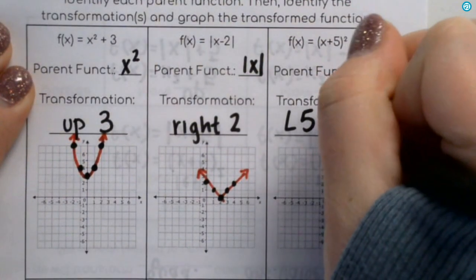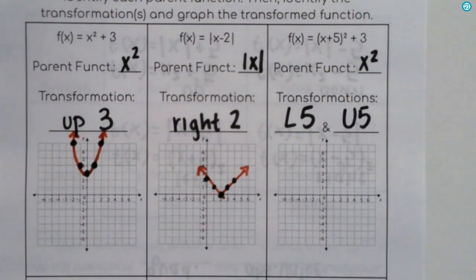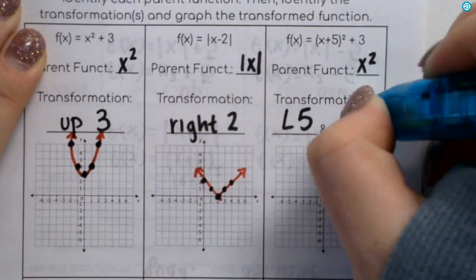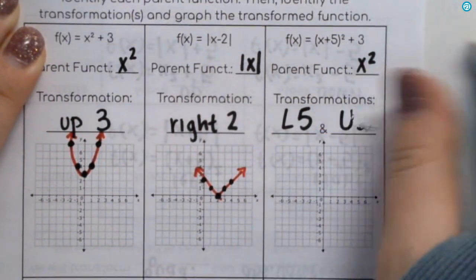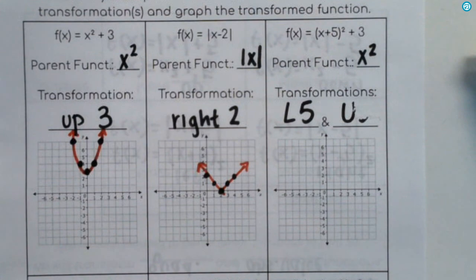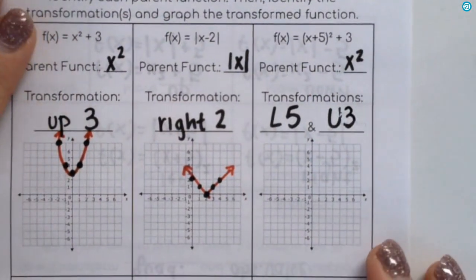So I move left and up. Oh, just kidding. Again, move left, up 3. I was like, how am I going to move up 5 and still have space in my graph? Sorry. Up 3. There we go. So left 5, up 3.